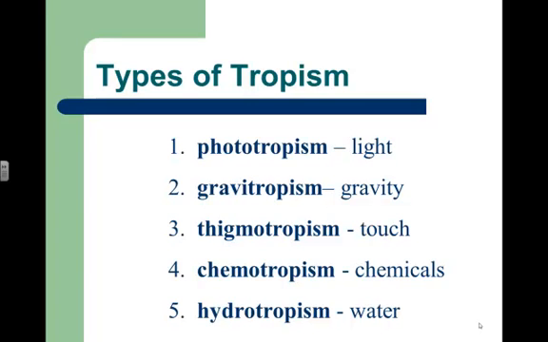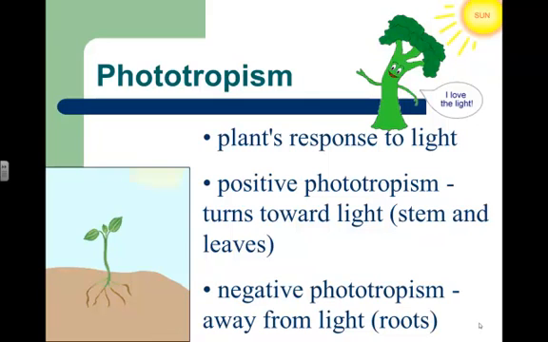Thigmo is probably going to be the harder one to remember, but thigmotropism is a plant's response to touch. Chemo should be easy, chemo, chemicals. Chemotropism, plant's response to chemicals. Hydro has to do with water, like hydroelectric. And hydrotropism is a plant's response to water.